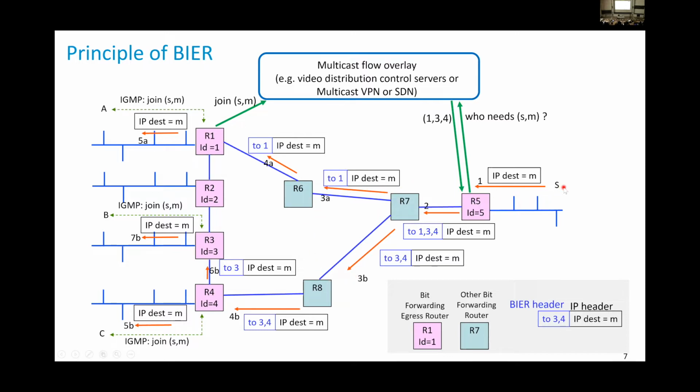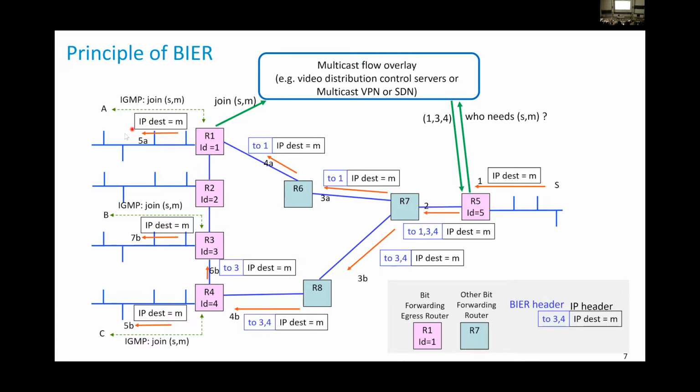Now, when a packet is sent by S to IP destination M here, so then assuming it's source-specific multicast, so that works for both source-specific and any source multicast, the first thing is we remove the function that PIM sparse mode has, which is of passing the information of whether somebody is listening to the multicast group.